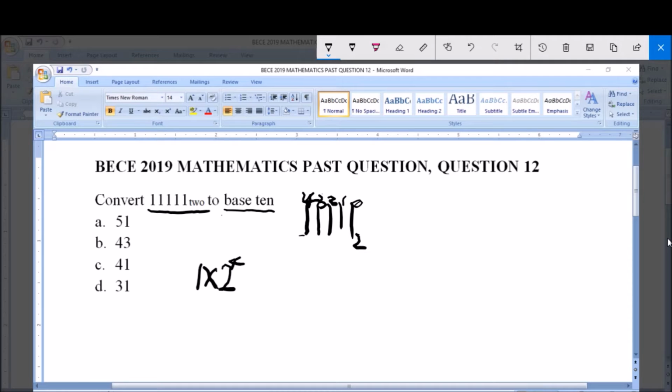Put it in brackets. Plus, you go to the next number: 1 times the base again, 2, raised to the power of 3. You put it in brackets again.